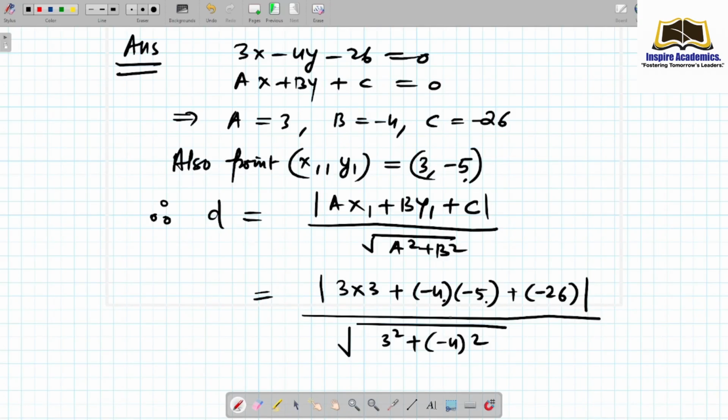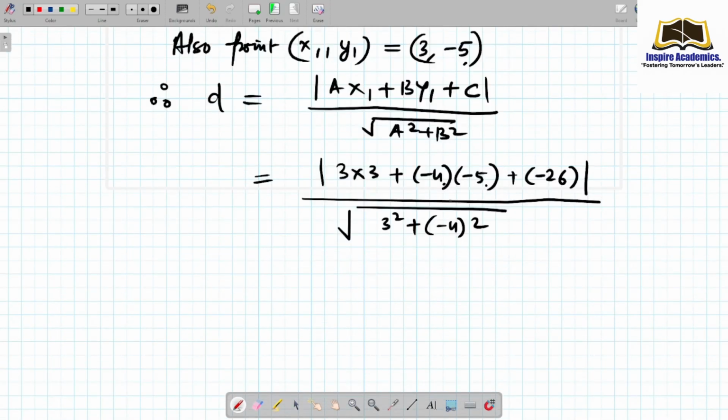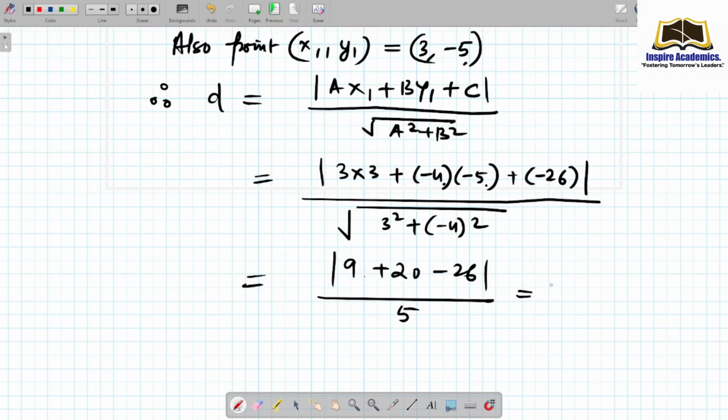Okay, modulus of 3 by root 25. So fundamentally you have 9 plus 20 minus 26 mod upon 5. Okay, so you have 29 minus 26, that is 3, so you can say 3 upon 5 mod. Anyway, 3 by 5 units will be your answer. You can write it in decimal form too. Choice is yours, not a big issue. You can write 0.6.